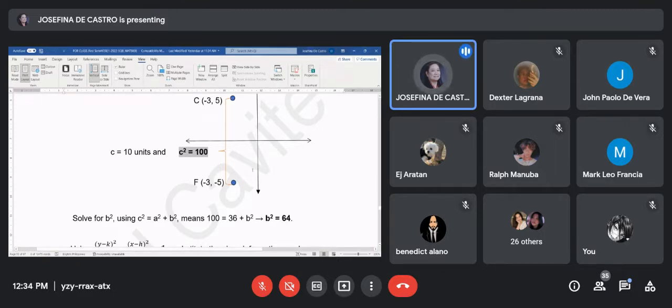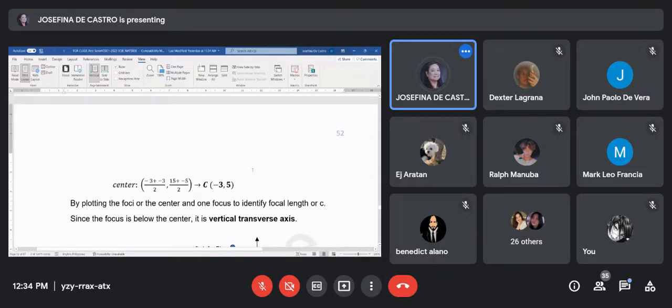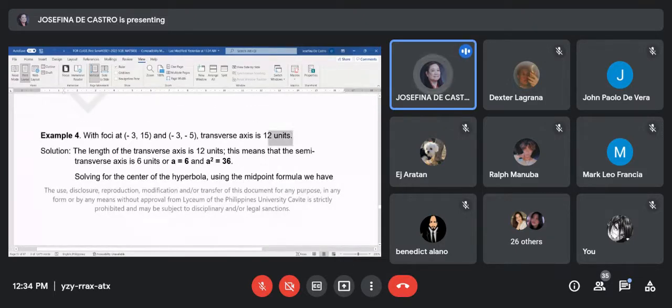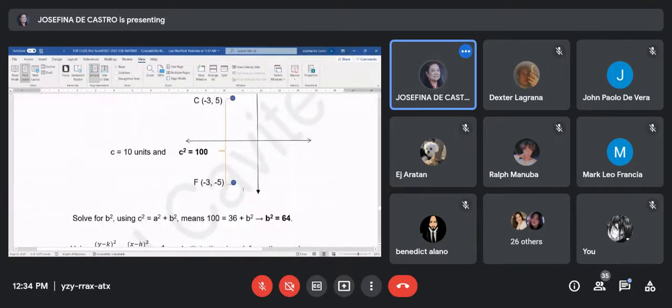And then, kanina, ang A mo, kasi sinabi na ang transverse axis ay 12. Therefore, 2A is equal to 12. Therefore, A is equal to 6. Kalahati. A squared is equal to 36. Wala tayong B. So, using the relationship, this is hyperbola, C squared is equal to A squared plus B squared.